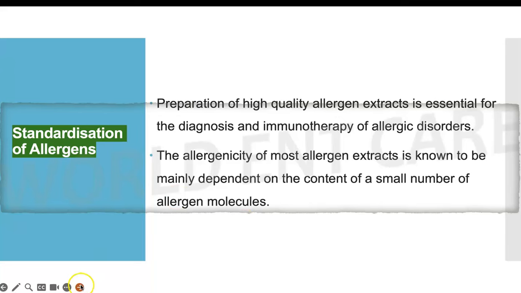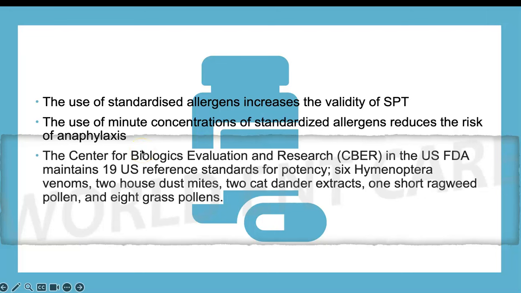Now the use of standardized allergens increases the validity of SPT. The use of minute concentrations of standardized allergens reduces the risk of anaphylaxis. In recent years various companies have successfully standardized different allergens. In earlier times, due to lack of standardization, anaphylactic reactions were more common in SPT.